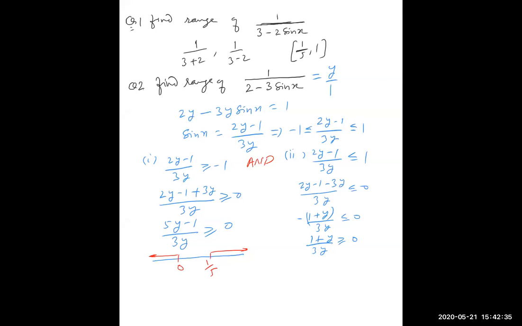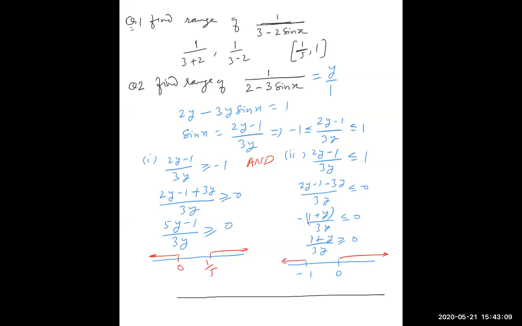So here you will get y is equal to minus 1 and 0. This is greater than 0 outside. Outside means your solution will be this. Now take their common part, the intersection. So finally, I will draw one more number line so that I can plot both of them together.